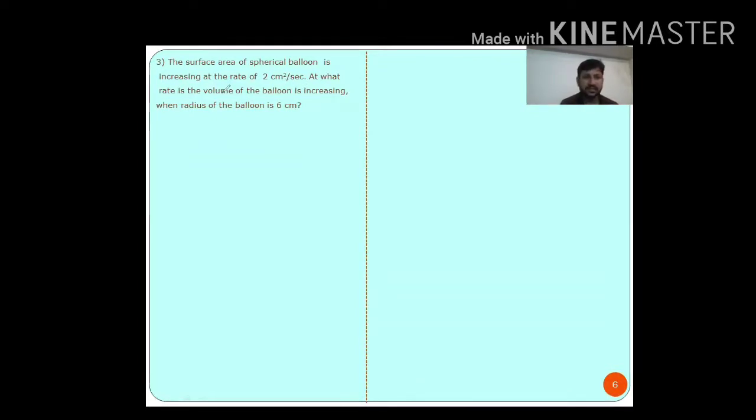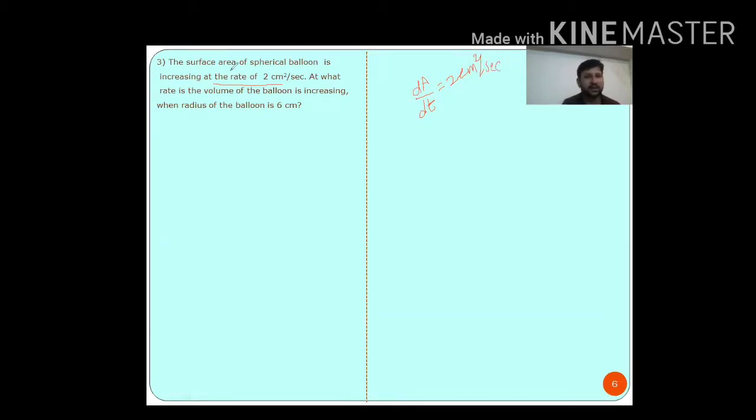At what rate is the volume of the balloon increasing when the radius of that balloon is 6 centimeters? Check the provided values: surface area is increasing at the rate of 2 centimeters square per second. So first, the rate of change of area, that is dA by dt, is given as 2 centimeters square per second.